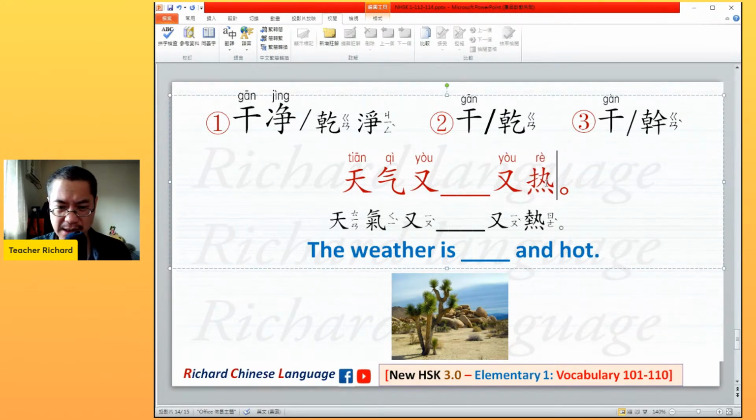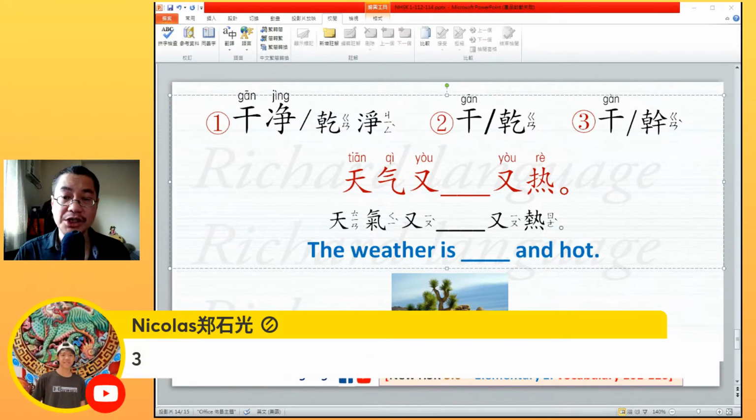So what's the answer? 又干. Really? When you say 干 that means to do. That's a verb, not an adjective. 时光, please try it again.